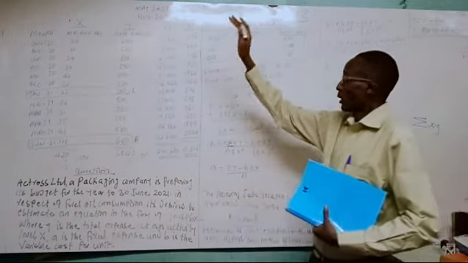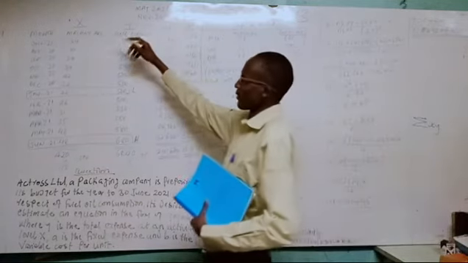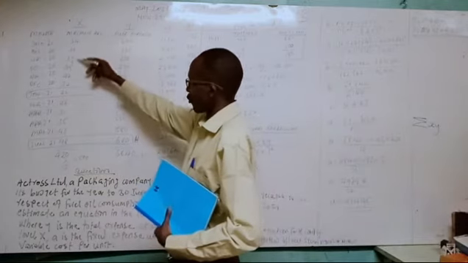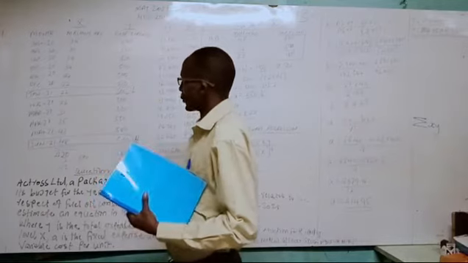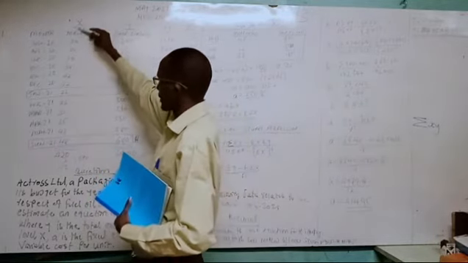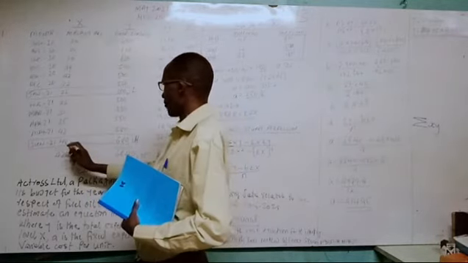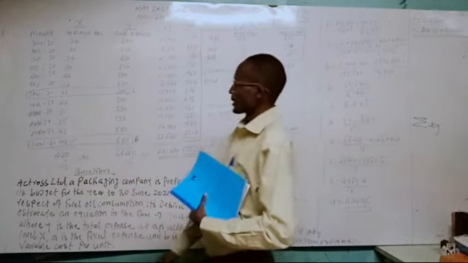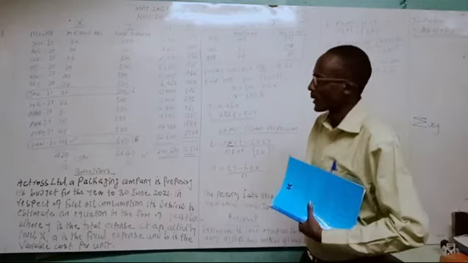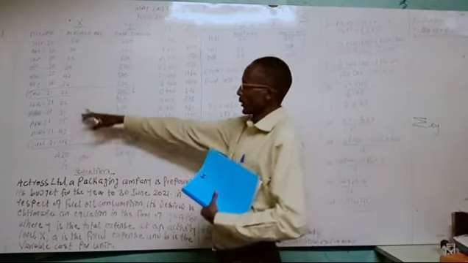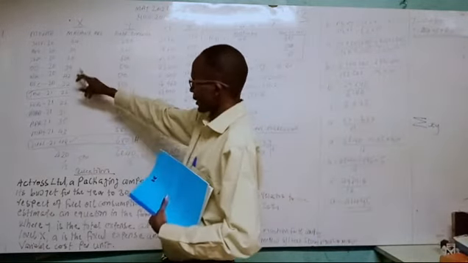High-low method means you take the highest activity level here from the x-axis, that is the machine hours, and you realize the highest activity level is where you have 48 hours. Then the next thing, you identify the lowest activity level. Here we have 26.